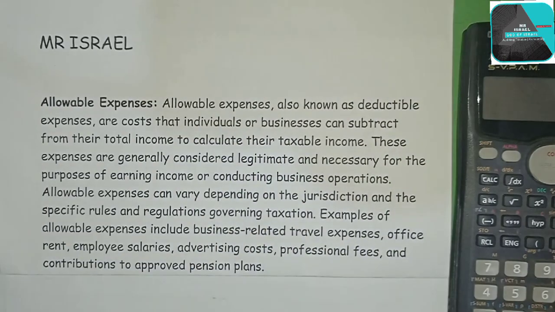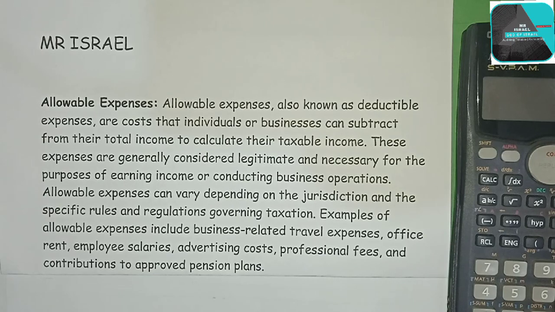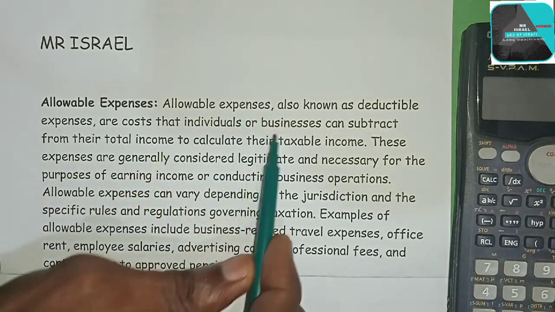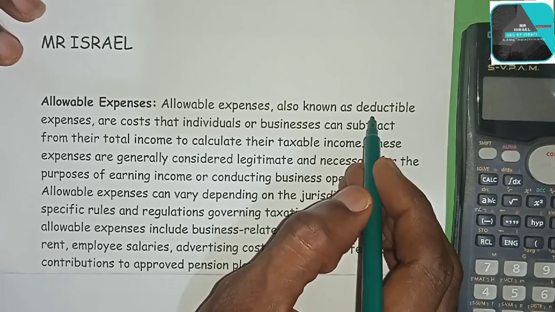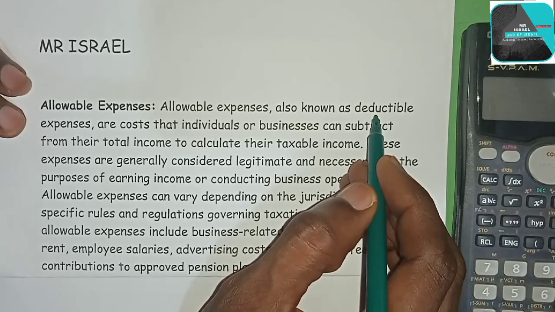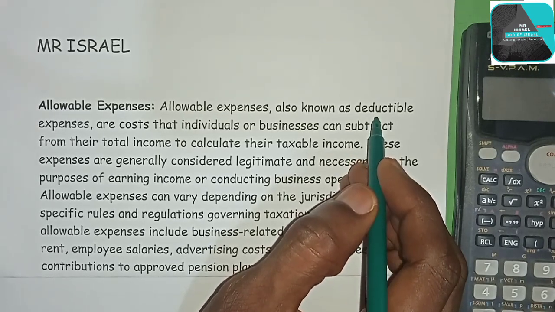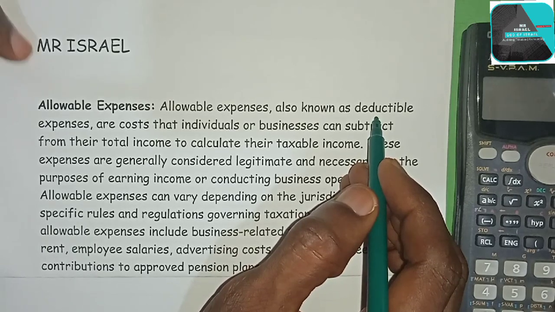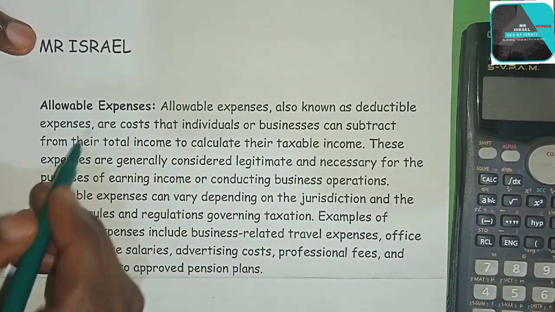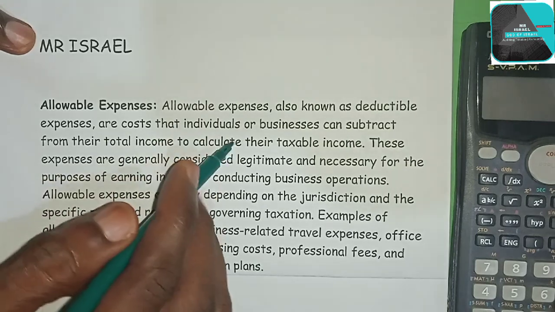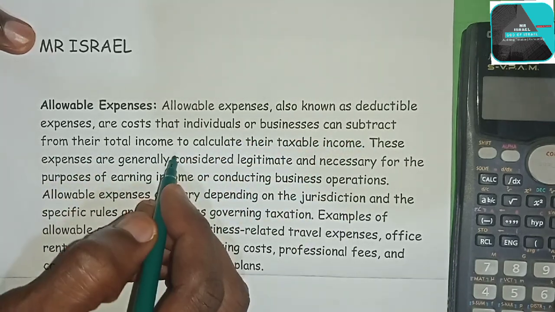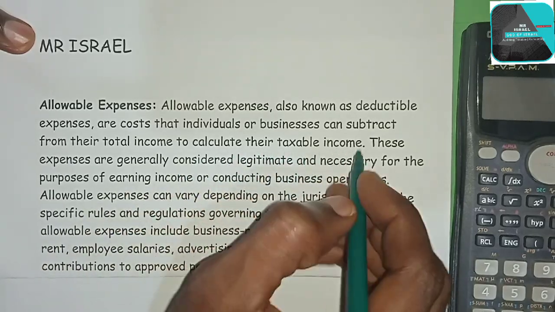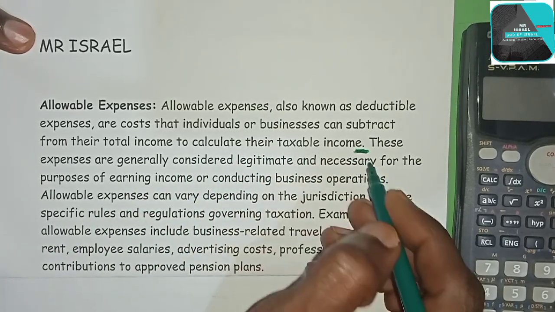Now, allowable expenses, also known as what? Deductible expenses. They are those expenses that are deductible. A cost that an individual or business can subtract from their total income to calculate their taxable income.